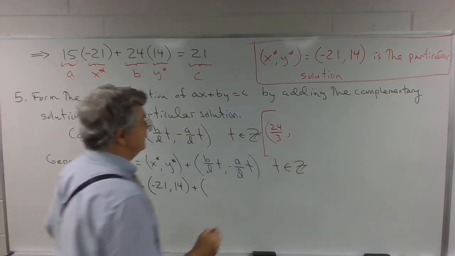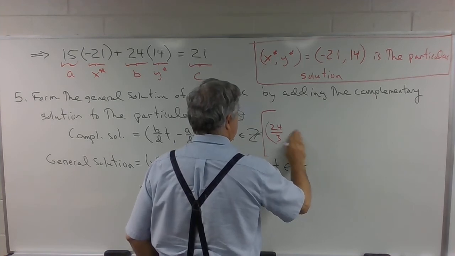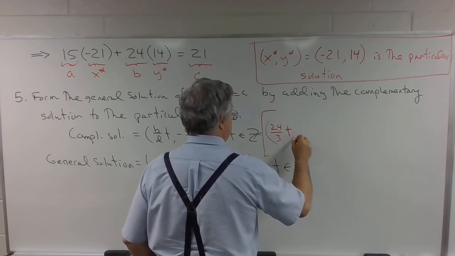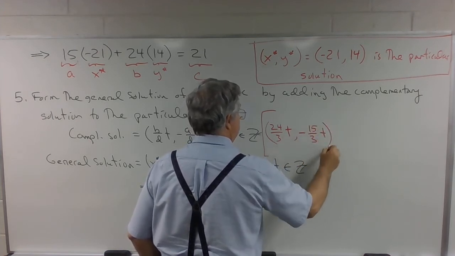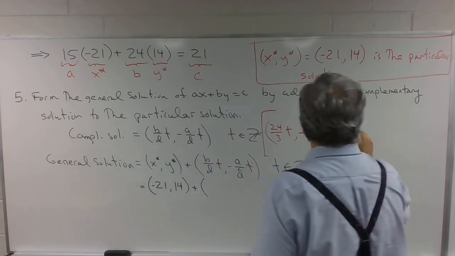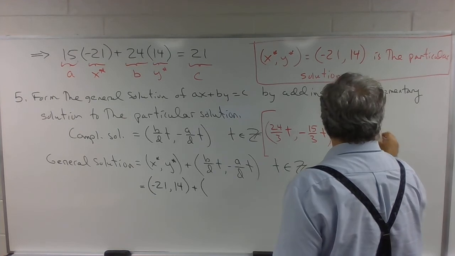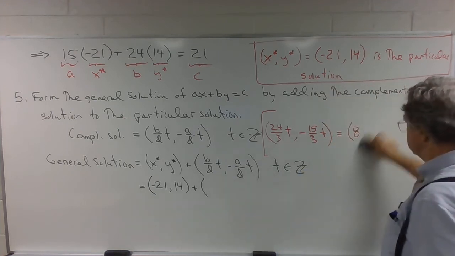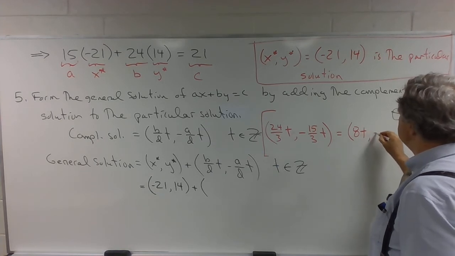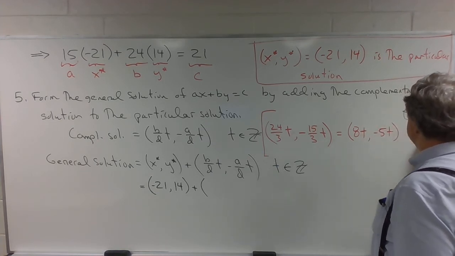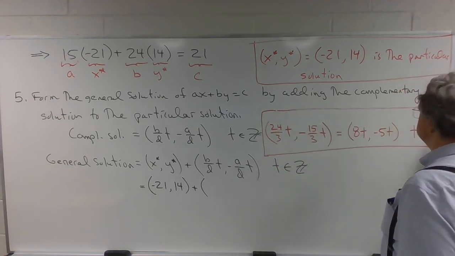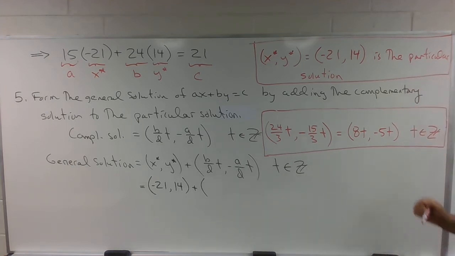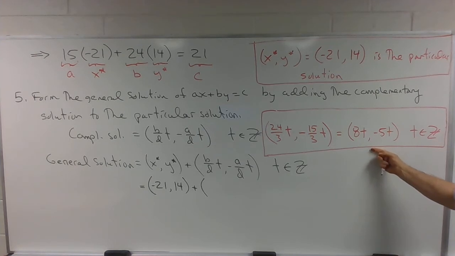Negative A over D, so that's negative 5. So it's 8t, negative 5t, for all integer values of t. This is our complementary solution.